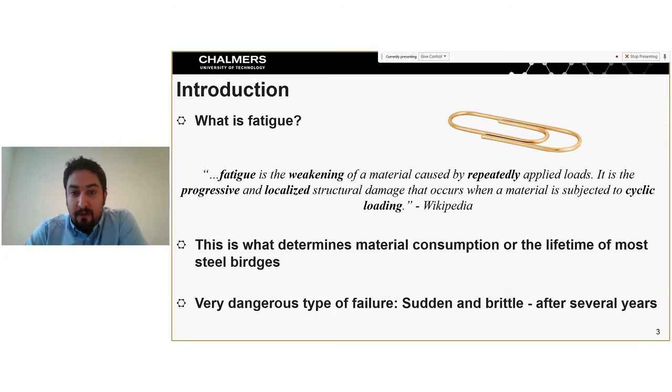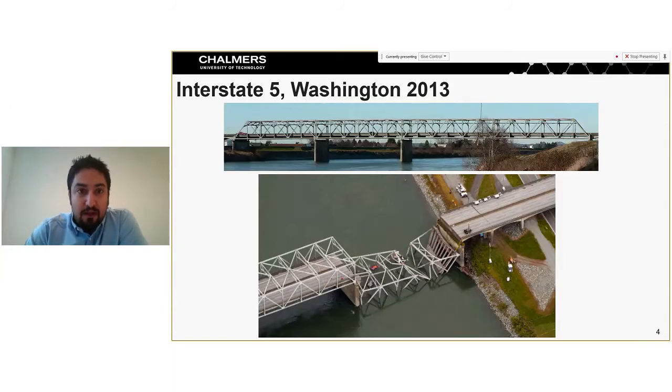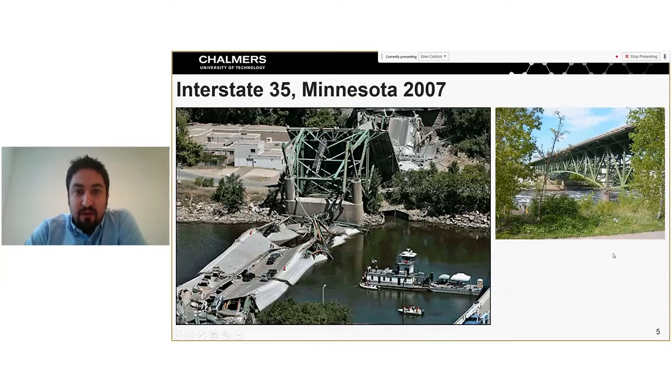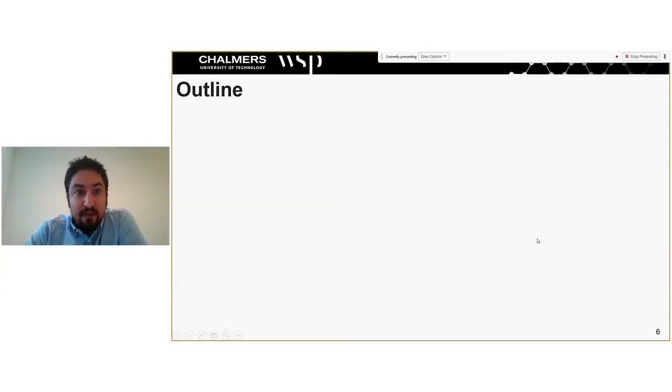Just quick examples. In 2013, this bridge collapsed due to fatigue. It's a bridge on Interstate 5 in Washington. A very similar type of bridge collapsed a couple of years earlier, and this was also due to fatigue, on Interstate 35 in Minnesota.